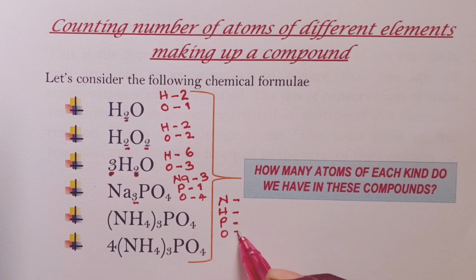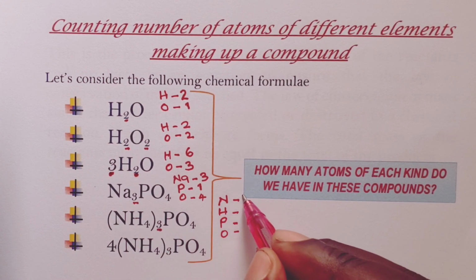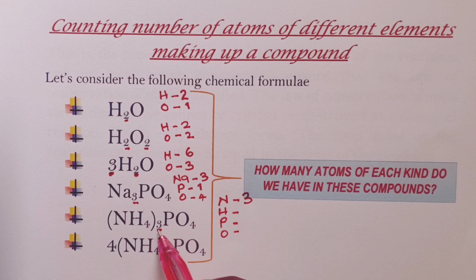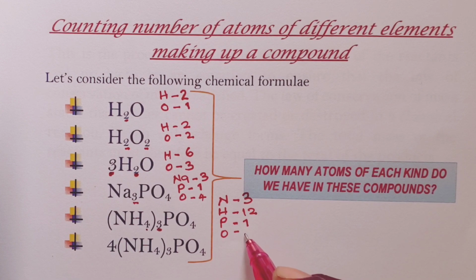Now what happens here is the digit 3, which is outside the bracket, affects all the elements that are inside. So in this case, our nitrogen atoms are 3, because this 3 here affects it. Hydrogens will be 4 multiplied by 3. That gives 12. Phosphorus remains 1 and oxygens are 4.